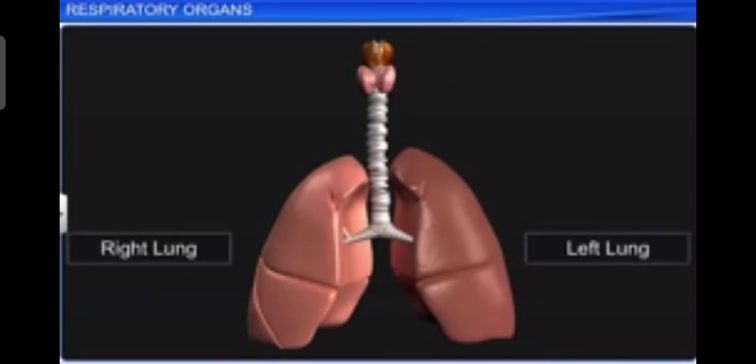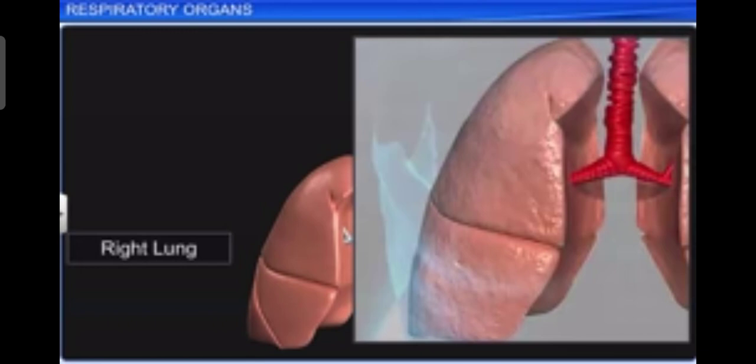The left lung is slightly smaller due to the presence of the heart towards the left side, and the right lung has three lobes, so it is slightly larger than the left lung.